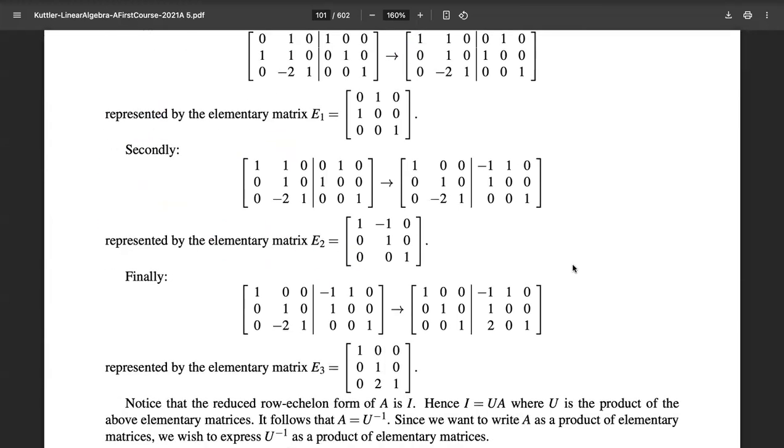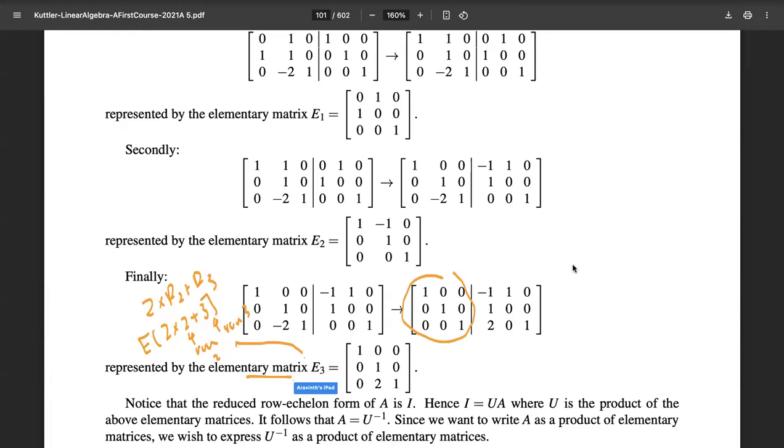And then finally they add 2 times row 2 to row 3, right? So that's represented by this matrix, which represents row 2 and row 3. And then we get the identity matrix, and this is represented by this elementary matrix.